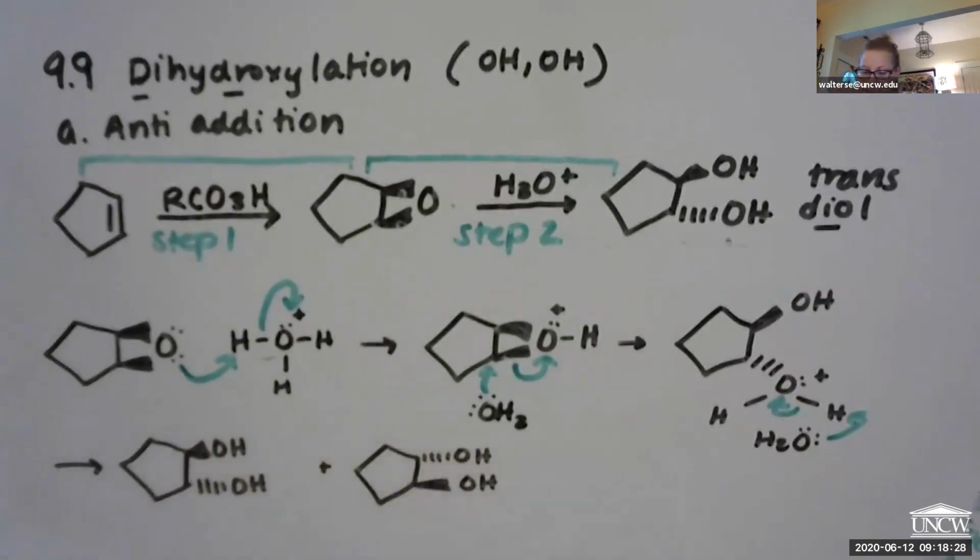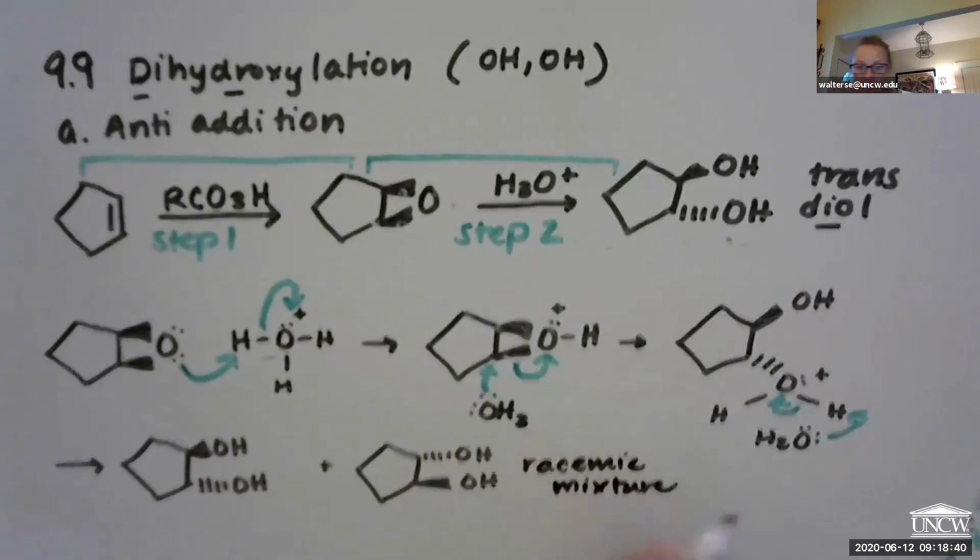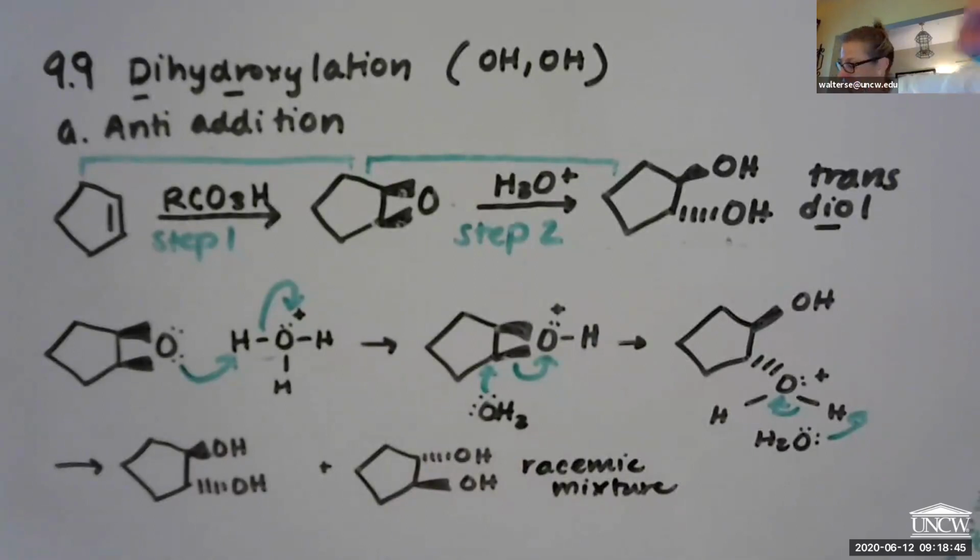So you're going to end up with a racemic mixture. Okay, are there questions about the ring opening for that cyclic ether?